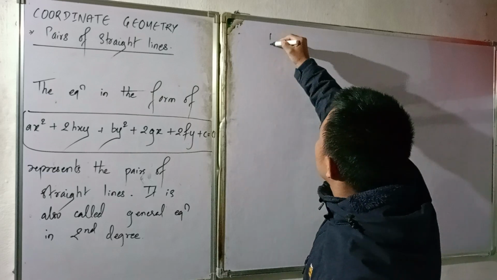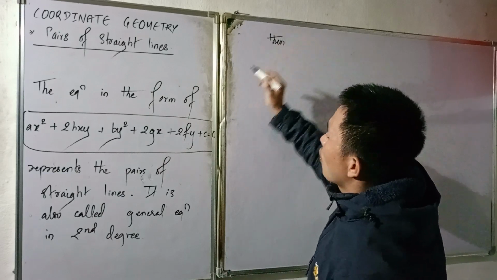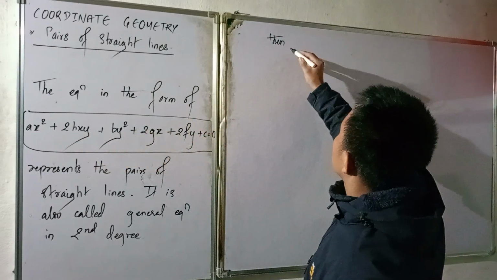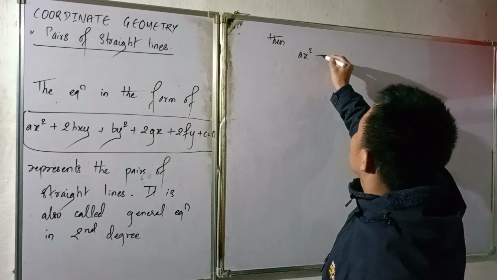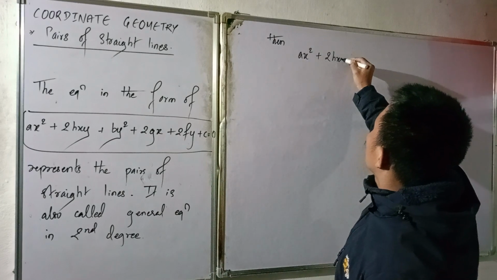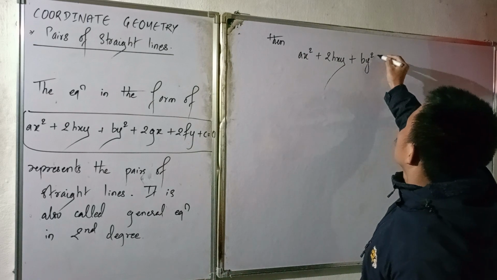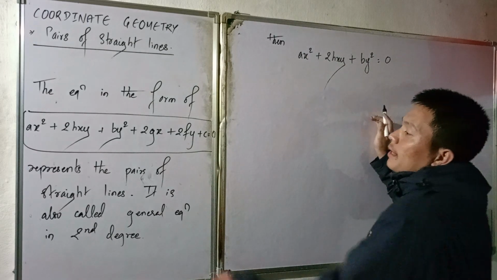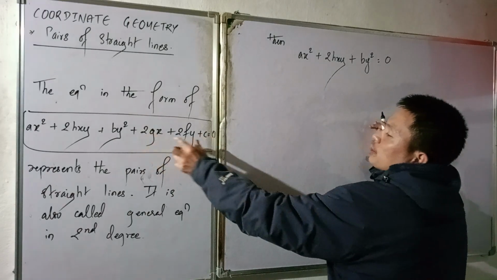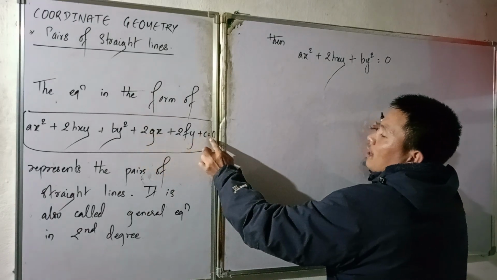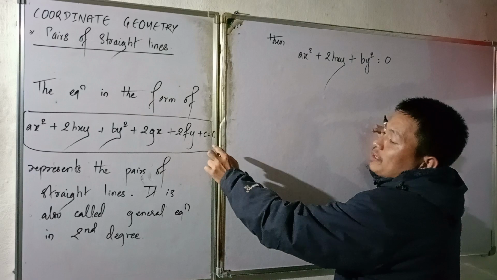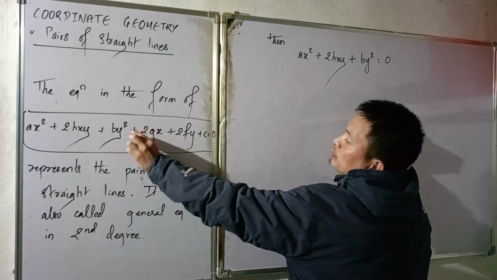Then you can see only the front part: ax squared plus 2hxy plus by squared equals 0. Now these three parts are missing, only up to this part.